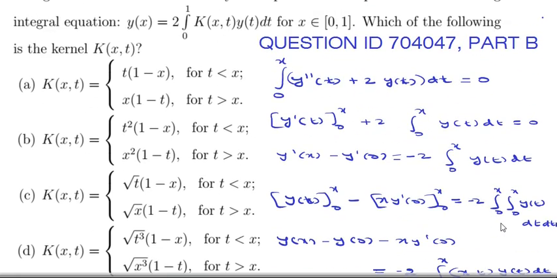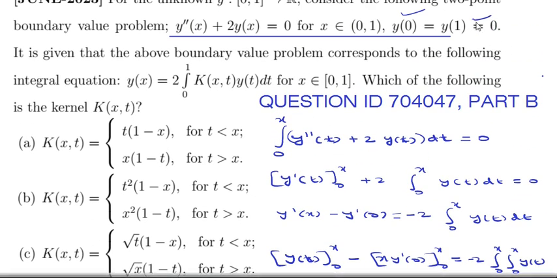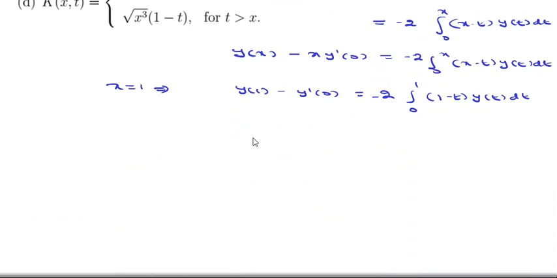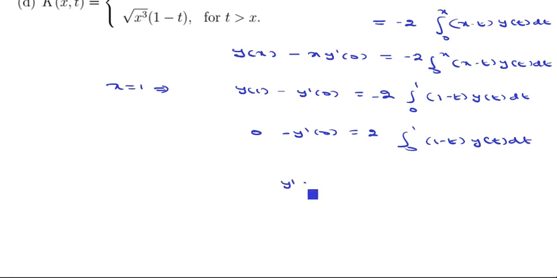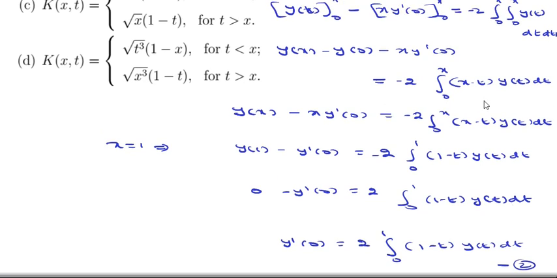We have the value for y of 1. What is y of 1? y of 1 is 0. Therefore 0 minus y dash of 0 equal to minus 2 times integral 0 to 1 of 1 minus t, y of t dt. Therefore y dash of 0 equal to 2 times integral 0 to 1 of 1 minus t, y of t dt. So this is our equation 2, and we can call the earlier one equation 1.